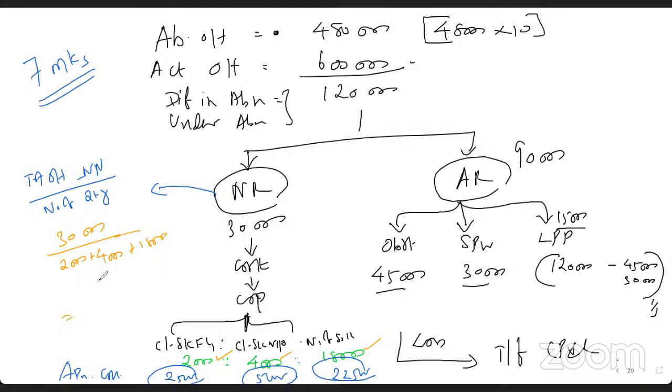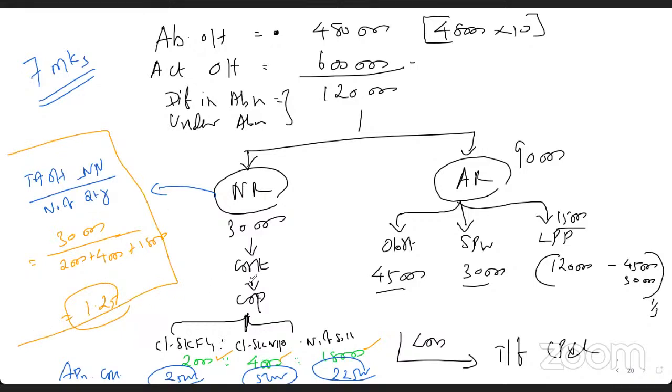So 30,000 divided by 2,000 plus 4,000 plus 18,000 is equal to how much? 1.25 or 12.5? Check. Yeah, 1.25 is the correct one.